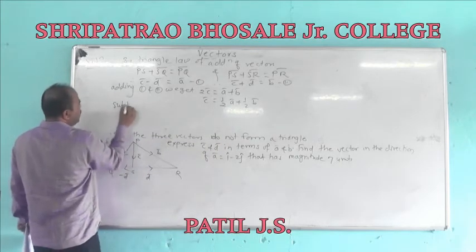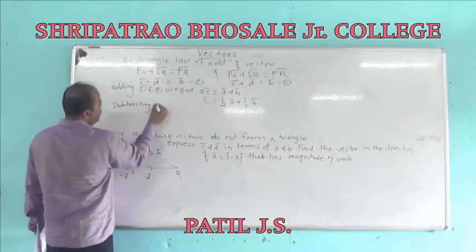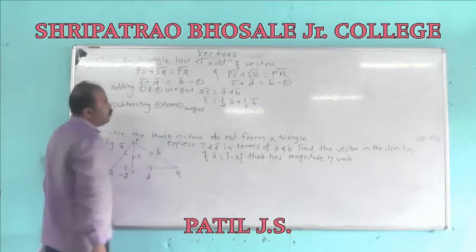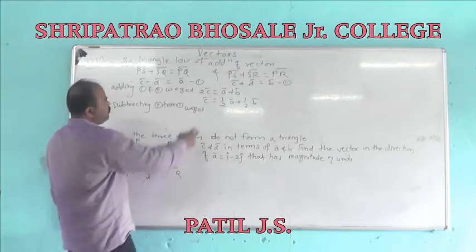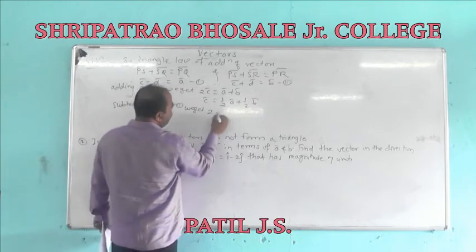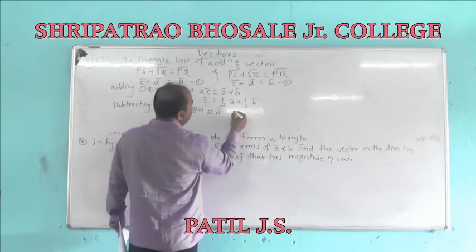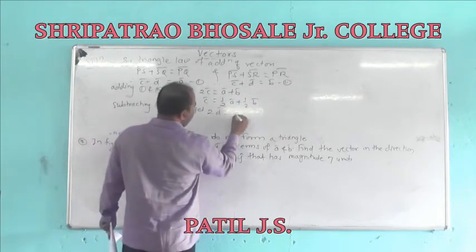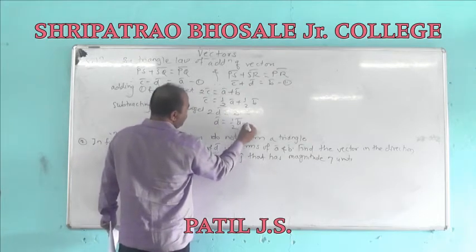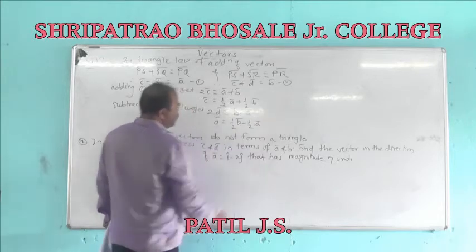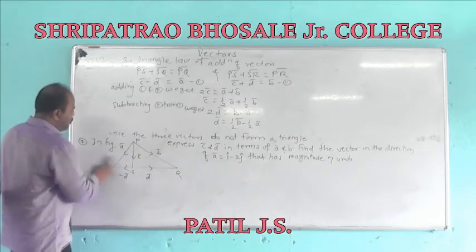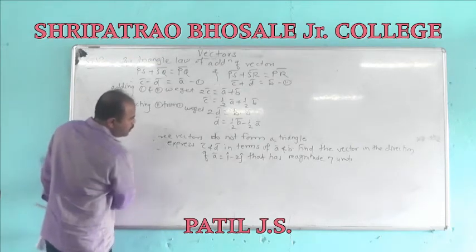Next, subtracting equation 1 from 2, we get 2D bar is equal to B bar minus A bar. That means D bar is equal to 1 upon 2 B bar minus 1 upon 2 A bar. That means the vector D in terms of vectors A and B.